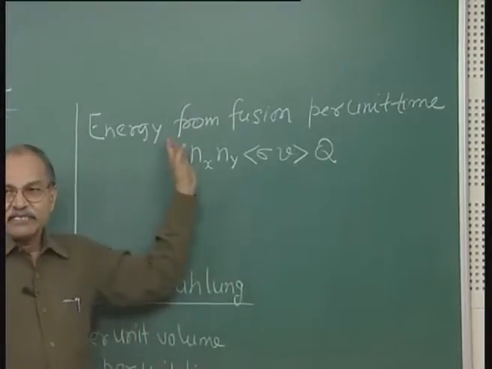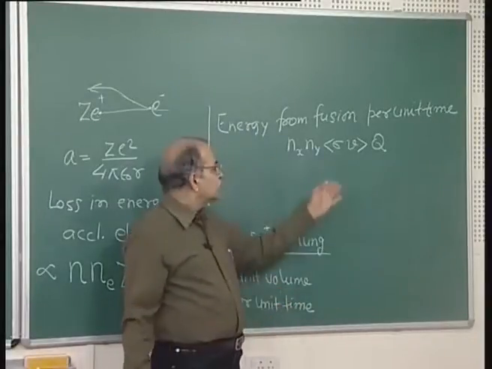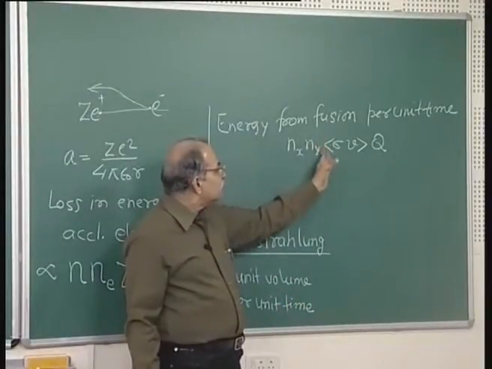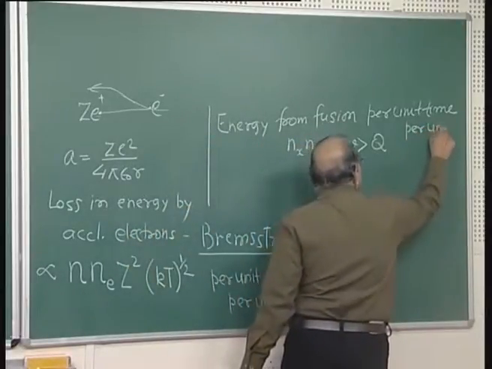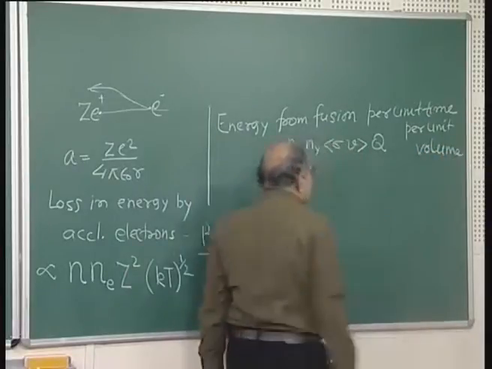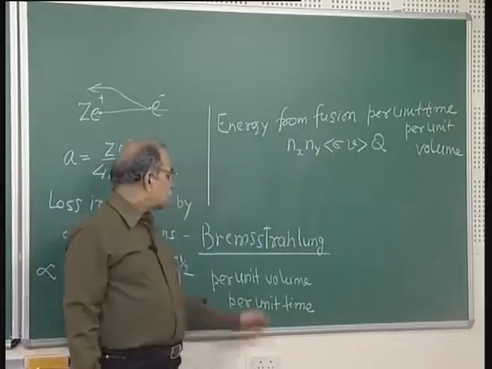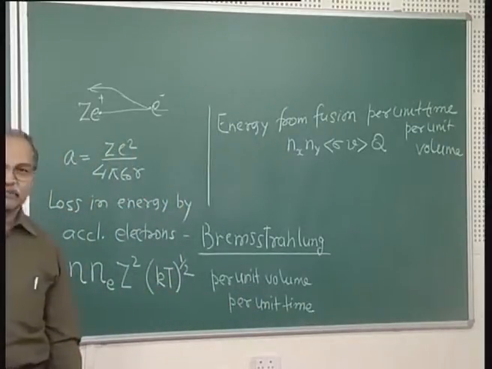So, this is the energy which is generated in this fusion reaction in that plasma per unit time per unit volume, and that should be larger than this loss that is occurring because of this Bremsstrahlung.